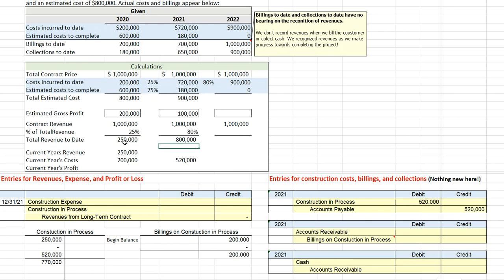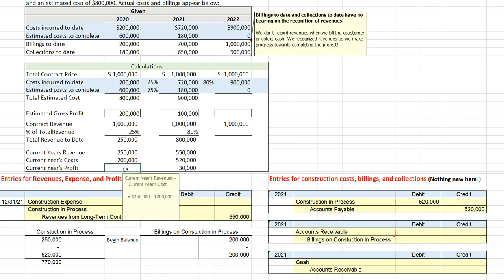Now, last year we reported revenues of $250,000, so the current year's revenue will be the $800,000 minus the $250,000, or $550,000 in additional revenue. We've got $520,000 in additional cost, which means that we will need to report this year's profit of $550,000 minus the $520,000, which is $30,000.